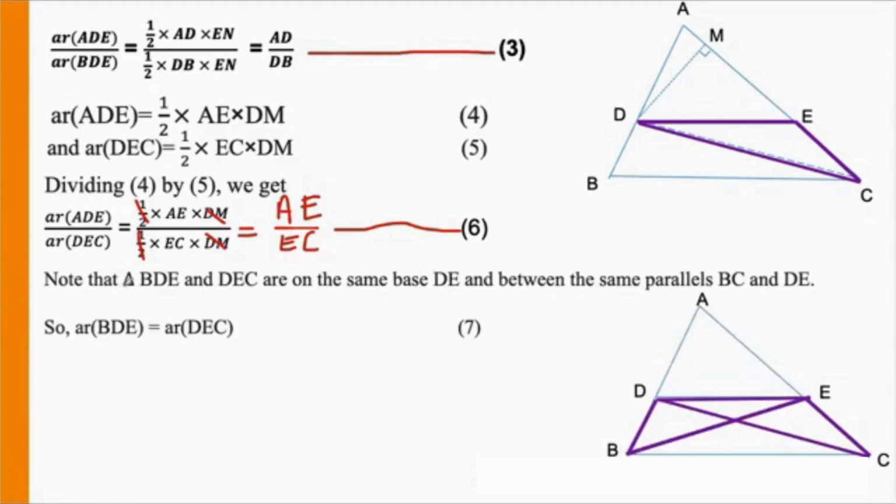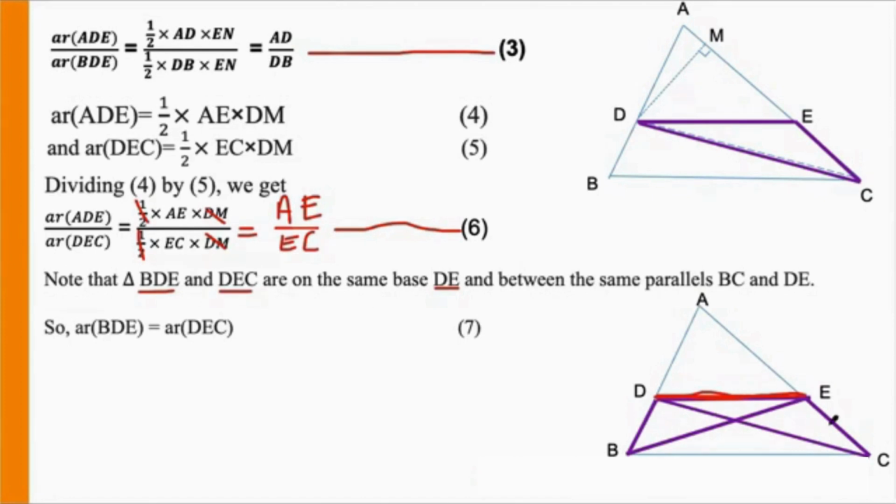Now, note that triangle BDE and triangle DEC are on the same base DE, and between the same parallel lines DE and BC.